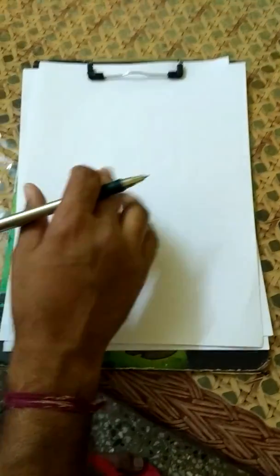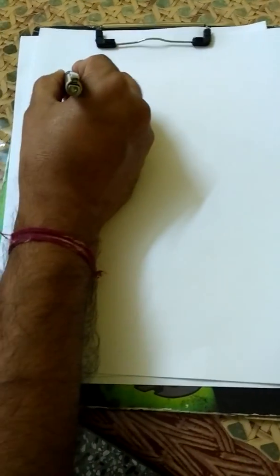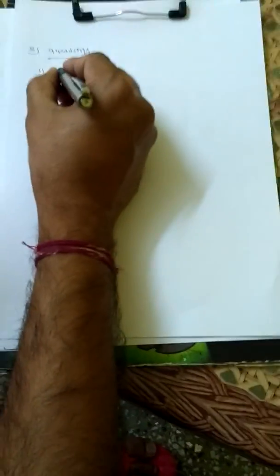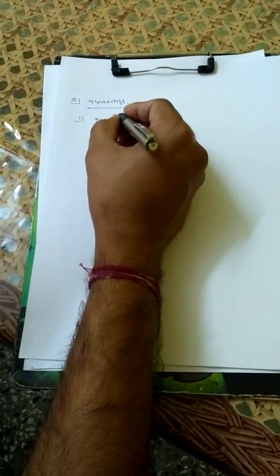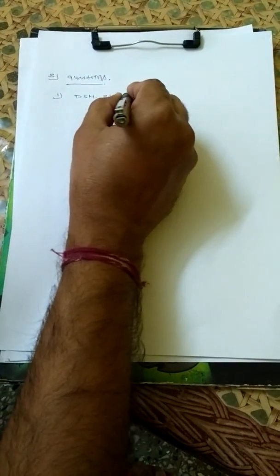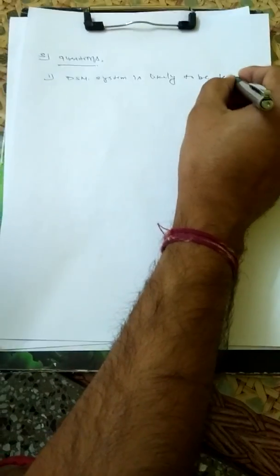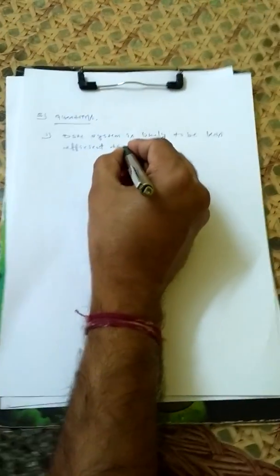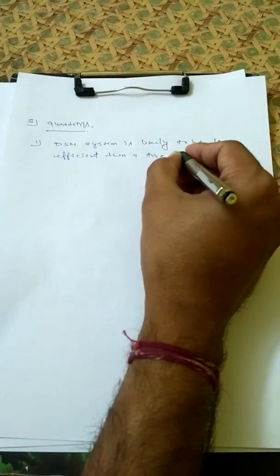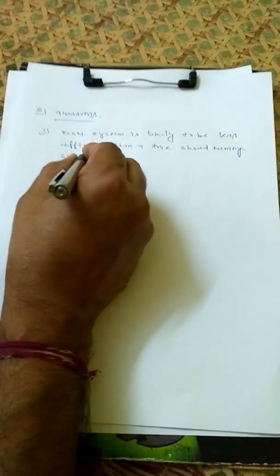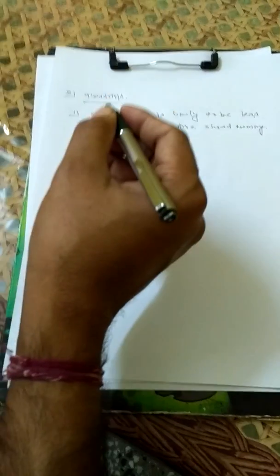So what are the questions? The first question is: is the DSM system likely to be less efficient than a true shared memory system?